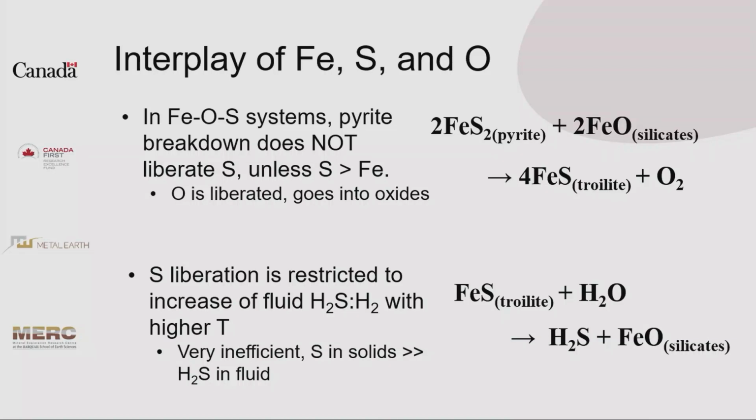Instead, oxygen is liberated and goes eventually into the oxide, which is why we have that dependence on oxygen fugacity for that pyrite stability. So really, the sulfur liberation is restricted to this kind of inefficient breakdown, or the different activities of H2S and H2 in the fluid, which really doesn't involve that much H2S in the fluid.